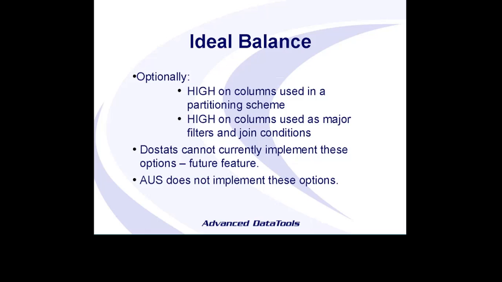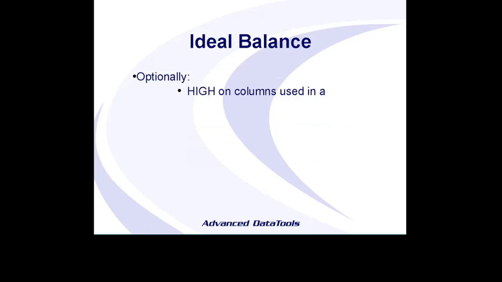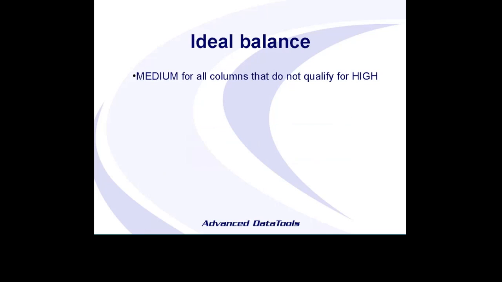Now, you also need to do a medium on every column that does not qualify for a high. So that's all your index columns that are not lead columns or the different column between two indexes. It's also all the columns that are not indexed. And the Performance Guide suggests you do an update statistics low on each full index key, okay, and dostats does that.